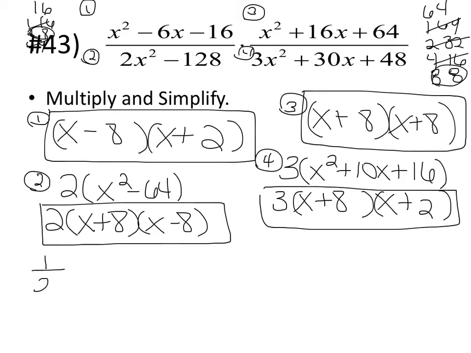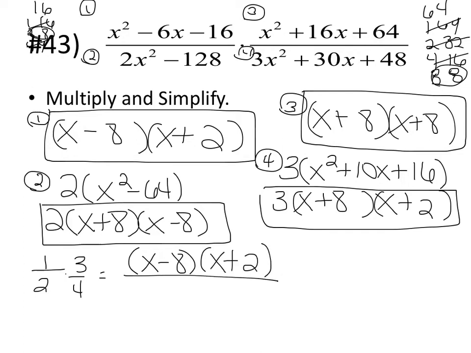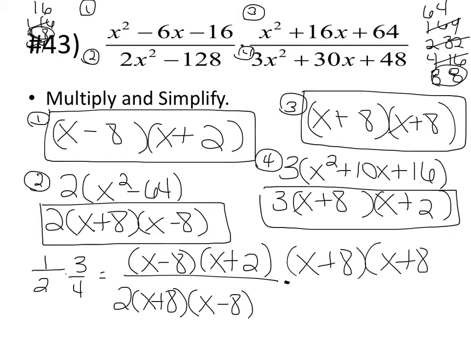Remember, it's 1 over 2 times 3 over 4. Okay? So you've got x minus 8 times x plus 2 over 2 times x plus 8 times x minus 8 times x plus 8 times x plus 8 over 3 times x plus 8 times x plus 2.